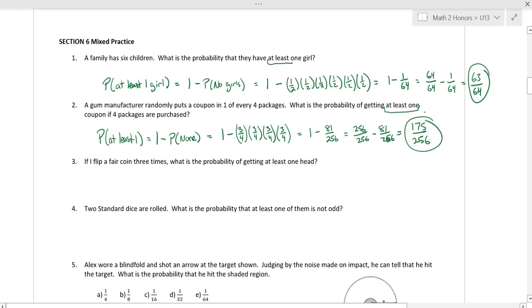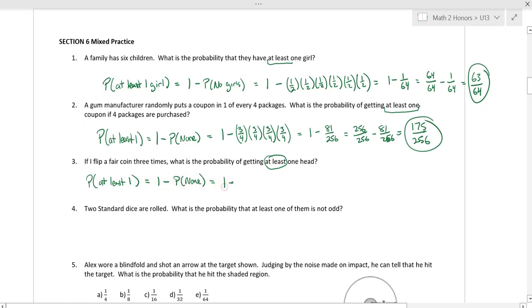Number 3, I flip a fair coin 3 times. What's the probability of getting at least, notice the at least, one head. So that would be the probability of at least 1 is going to be 1 minus the probability of having none.